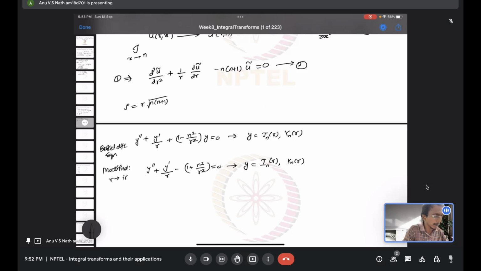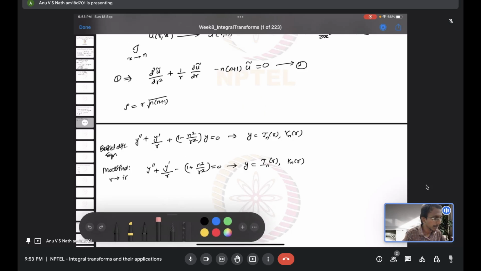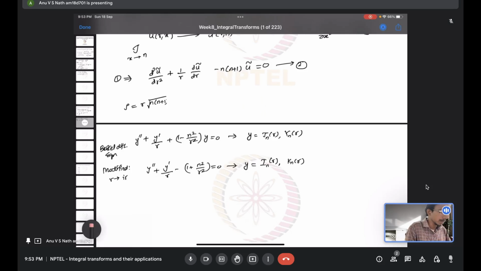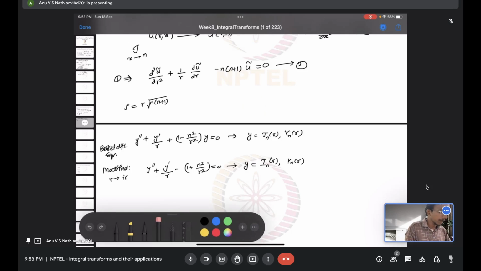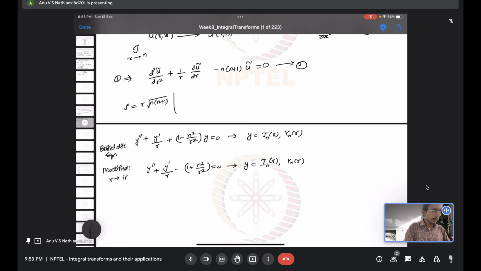Basically I am dividing throughout by this number, which is a constant. Then grouping with r square and terming it as a new variable rho square, there is another quantity rho, which is r times the square root of n plus 1.